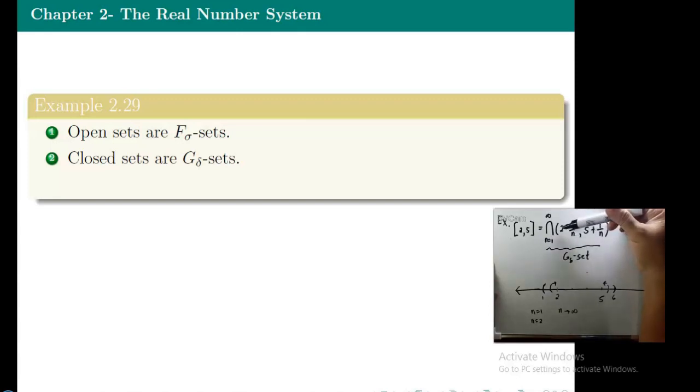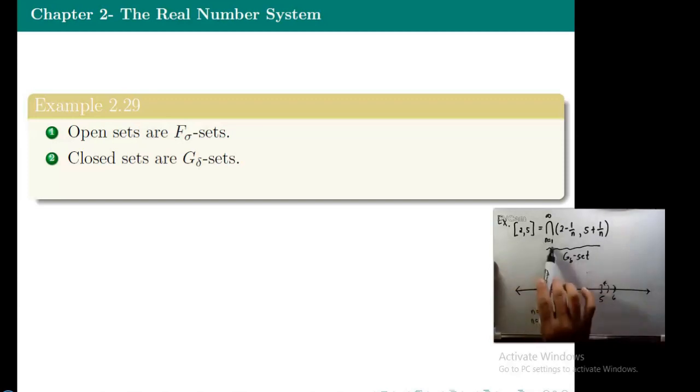So 2 minus the smallest positive number is less than 2. It means if you take the intersection, 2 is included. The same thing here: 5 plus the smallest positive number is greater than 5, so if you take the intersection, 5 is included.